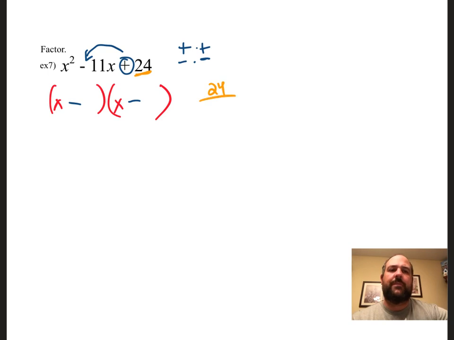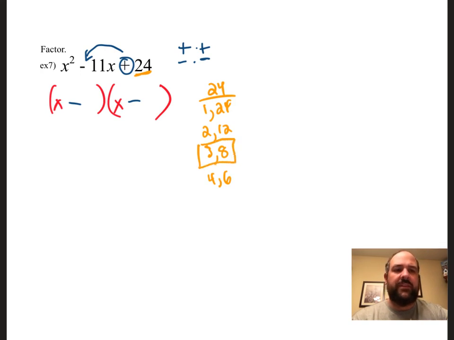So if I'm looking at my factors of 24, 1 and 24, 2 and 12, 3 and 8, 4 and 6. And I'm looking at which of those basically can add up to 11. So if I look at these different sets, the set that would add up to 11 would be the 3 and the 8.